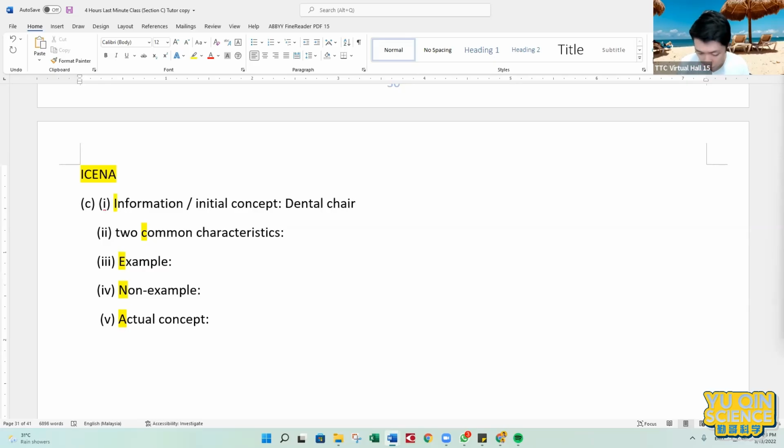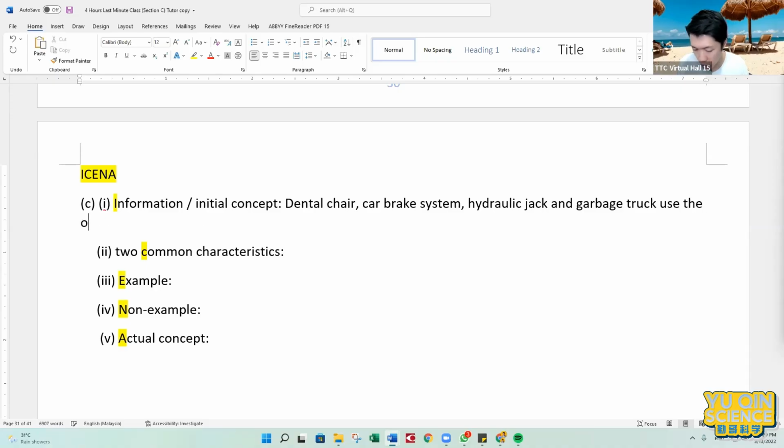Dental chair, car brake system, hydraulic jack and garbage truck use the operating principle of hydraulic system.